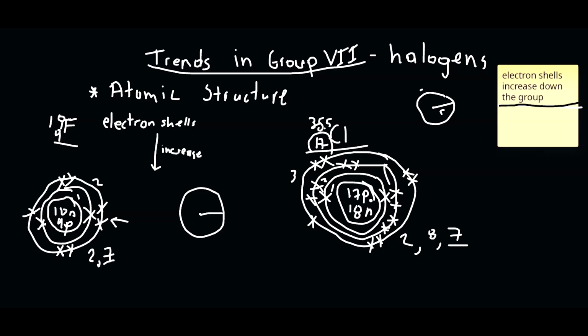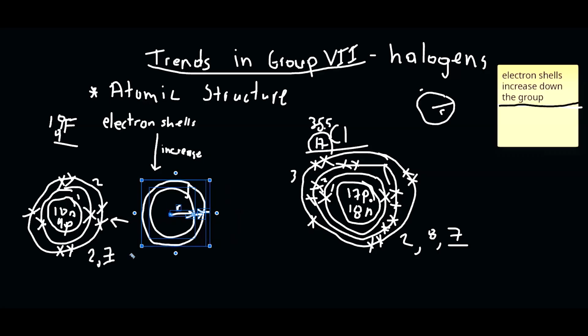If we continuously add an extra electron shell to the structure, the atomic radius increases, so the distance from here to the end would increase. The next feature we also want to write down is that atomic radius increases down group 7.